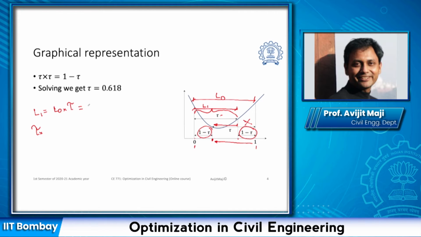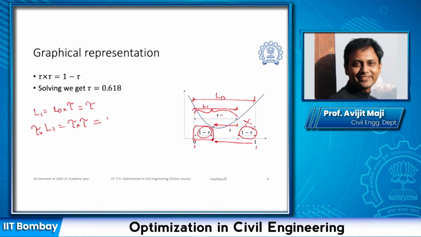Since L0 is 1, this is going to be tau. Then we find the point within L1 by multiplying with the available boundary distance, which is L1, and hence this is tau times tau, and this is exactly going to be 1 minus tau, which is the leftover distance.